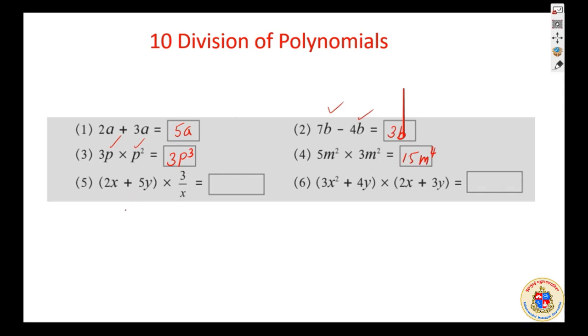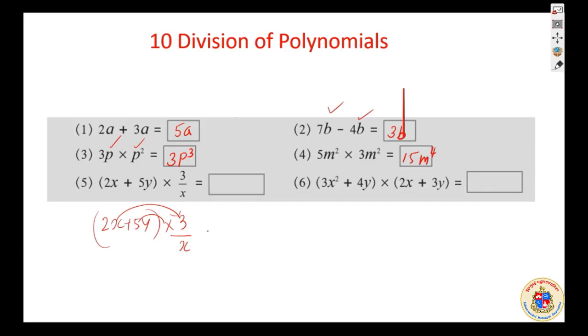This one is a little complicated one where you can have a different way of doing it. It is given that 2x plus 5y multiplied by 3 upon x. You can multiply individually 2x with 3 and again 5y with 3.